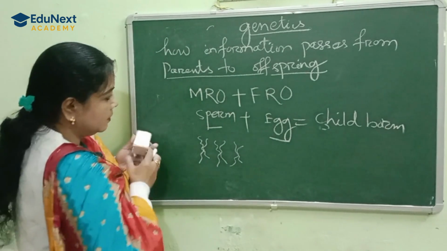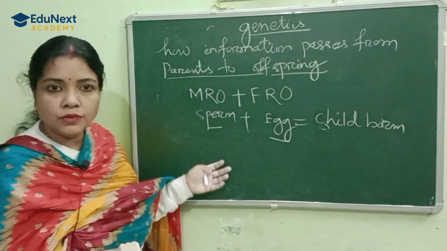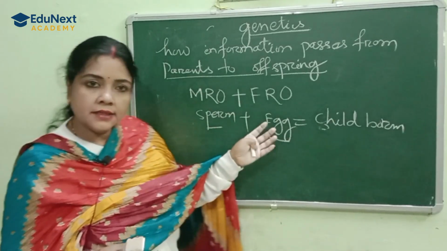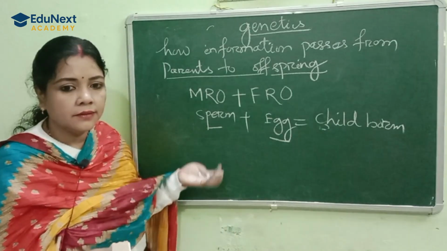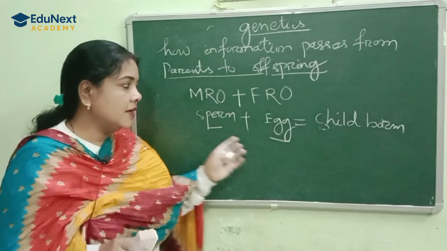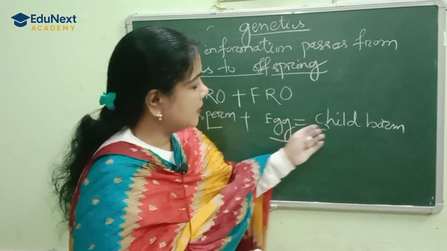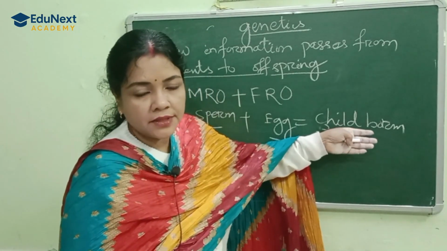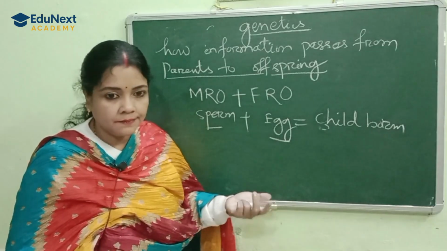Now the father has his own chromosomes and the mother has her own chromosomes. But whenever they combine, some information of the father and some information of the mother stay in the child, in the baby's first cell.